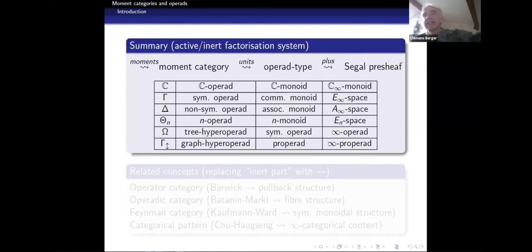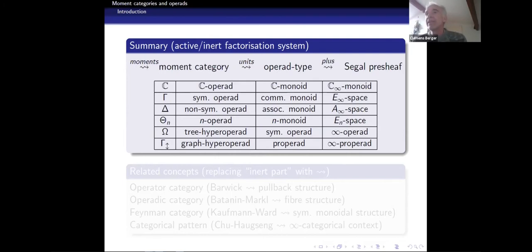But what is interesting is that for Omega, you get as algebras over the terminal tree hyperoperad symmetric operads again. And for the terminal graph hyperoperad, the algebras are properads of Bruno Vallette. So the notion of C-monoid is also an interesting notion. And in this context, you can homotopically weaken the notion of C-monoid, and then you get very well-studied objects as well.